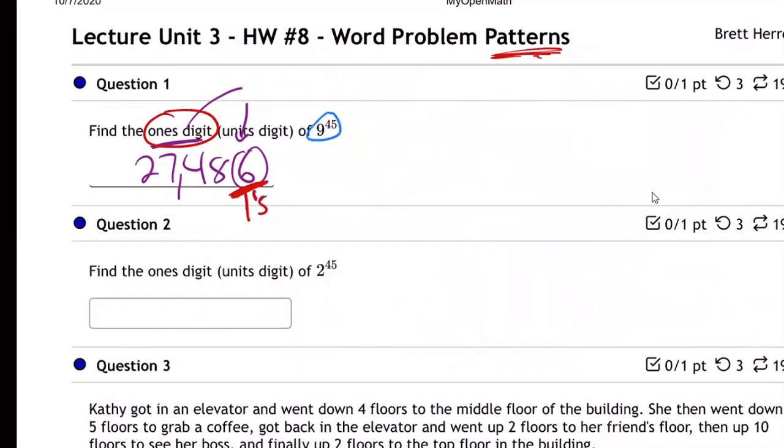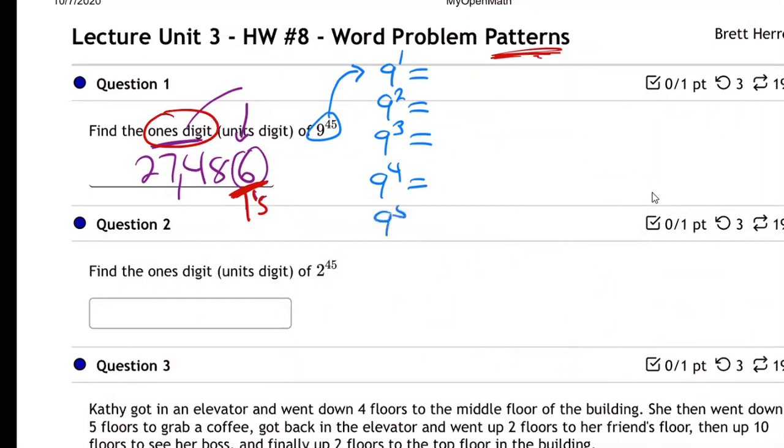So here's my suggestion. Sometimes when you have a really hard question, like this is a crazy hard question, 9 to the 45th power, it's too big basically for our calculator to show us the last spot. What you should do is start off with 9 to the first power, then do 9 to the second, 9 to the third, 9 to the fourth, and just see if you see a pattern in the answers. Is that making sense?